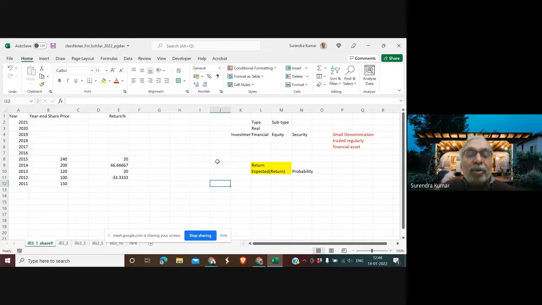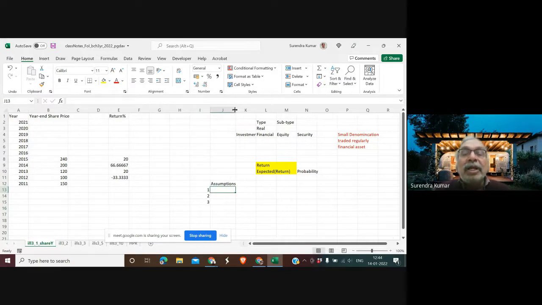One of the important areas of assumption in such a case would be... can somebody throw light on it? Yes. Can somebody add to this discussion?